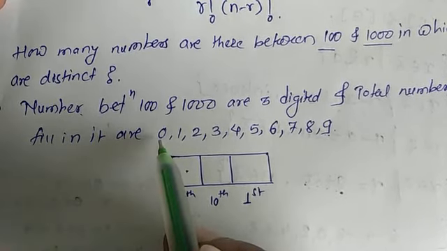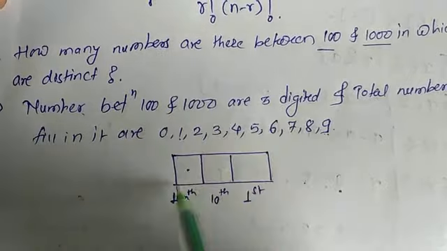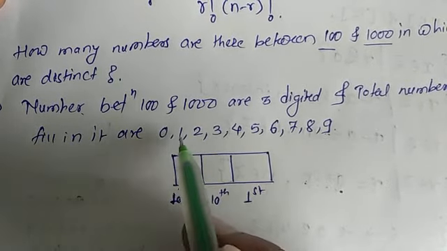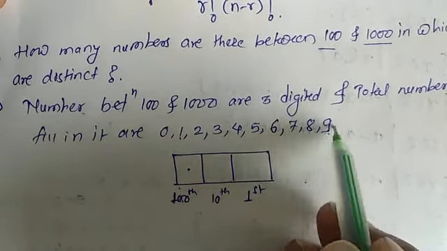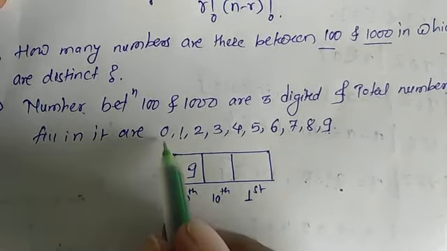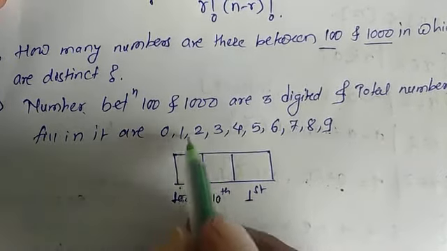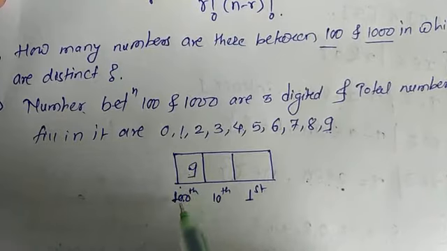If you consider 1 to 9, these can be placed at the 100 place, so you have 9 possibilities. You can't consider 0 in that place, so there are 9 possibilities for the 100 place.